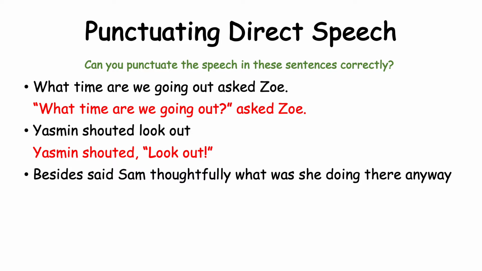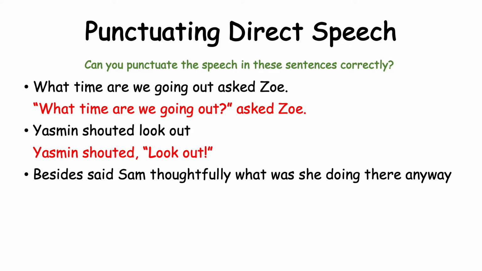"Besides," said Sam thoughtfully, "what was she doing there anyway?" So who's talking? Sam, said thoughtfully. And what's he said? Besides. So I would have my opening inverted commas, a comma, my closing inverted commas.